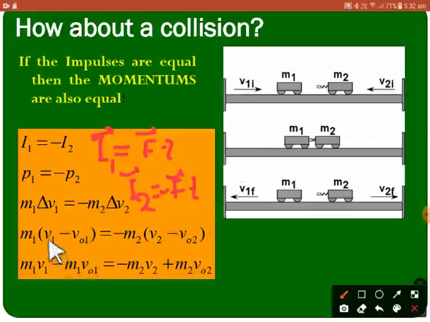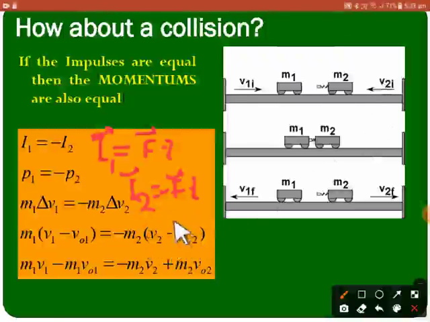So final velocity minus initial velocity will give you the change in velocity of the first body, got it? Likewise, the final velocity for the second body is V2F, which is denoted here by V2, minus the initial velocity of the second body. So this is the change in velocity of the second body.